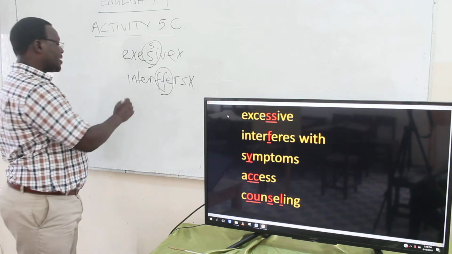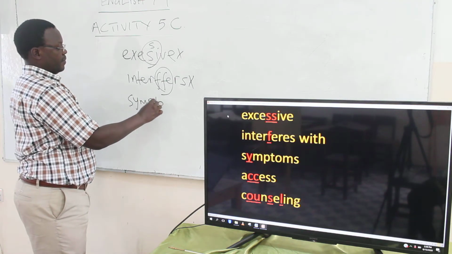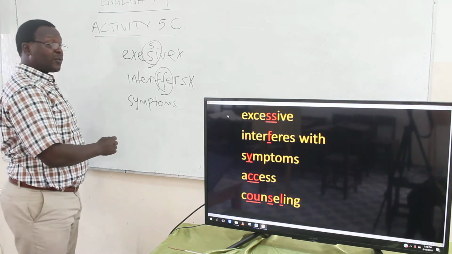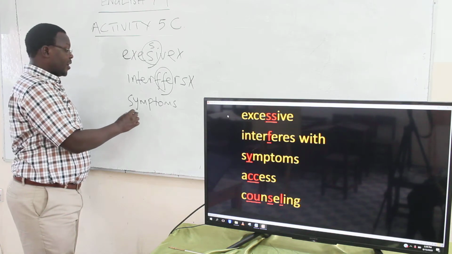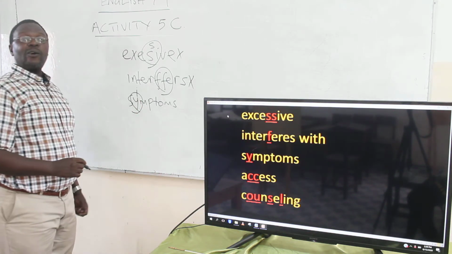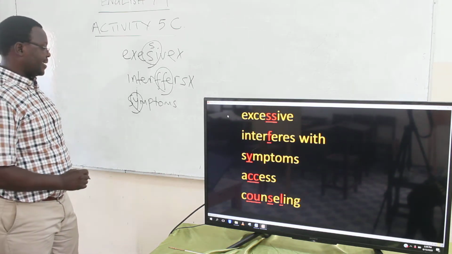We have the word symptoms. It is most likely that when you do not know the spelling of the word symptoms, you can use an I instead of a Y. That is where the hotspot is.